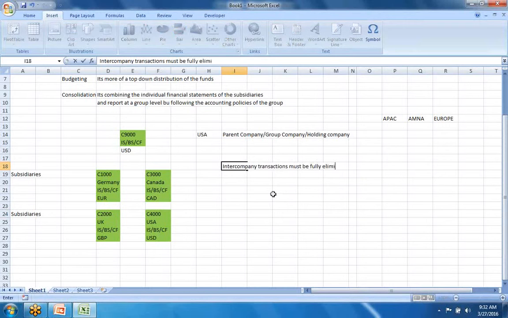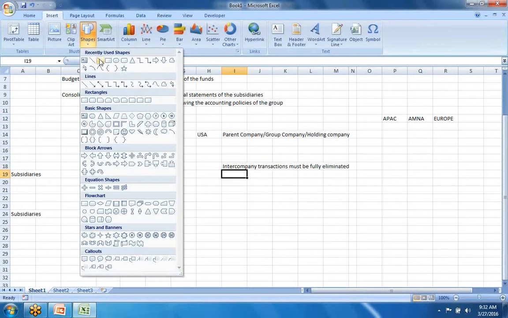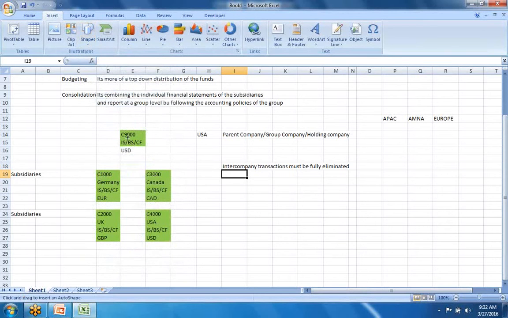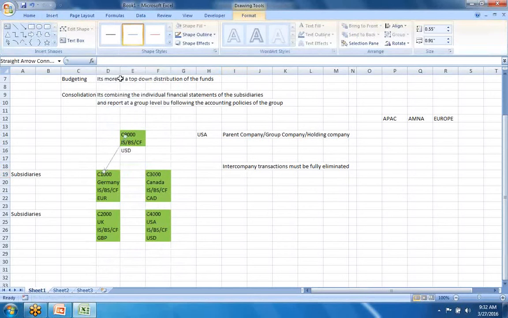Fully eliminated before I produce the consolidated financial statements. Also, it can so happen that C9000 would have invested in the share capital of C1000. C1000 has invested in the share capital of C2000.